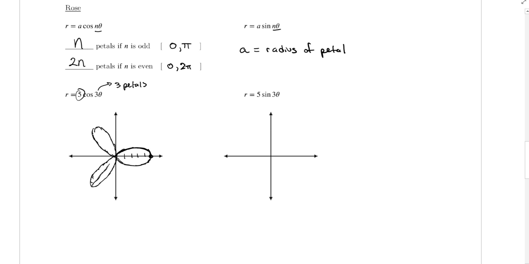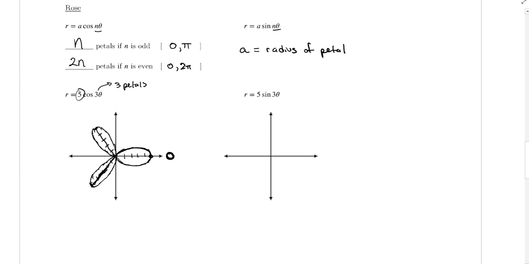So what's happening here is if I draw an axis down the middle of one of our petals, 1, 2, 3, 4, 5. It's got a radius of 5, and if I draw an axis down the middle of the other one, 1, 2, 3, 4, 5. So the petals are all 5 long.